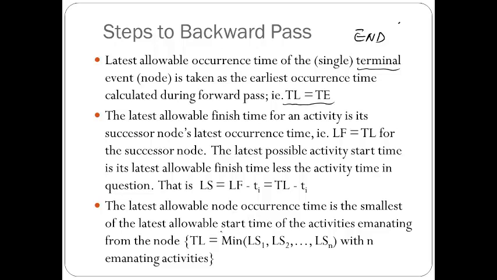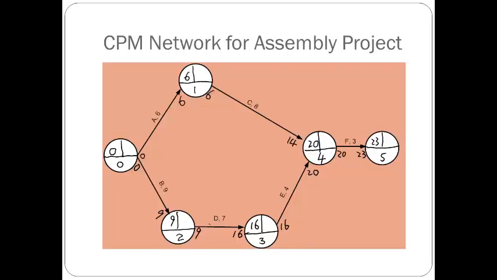So this is the part that is different. When you have more than one activity going out of an event, we don't have an example here, but we'll use this example to illustrate it.